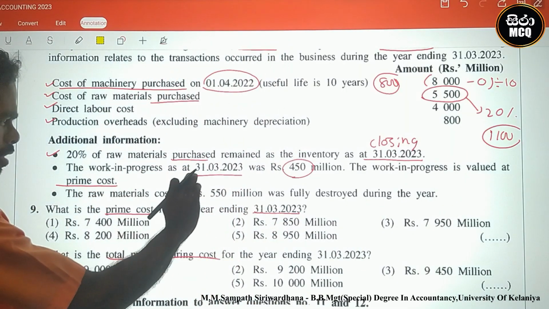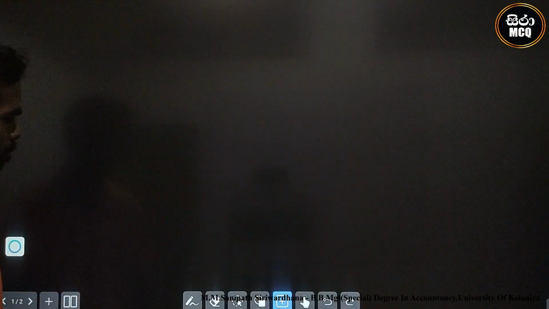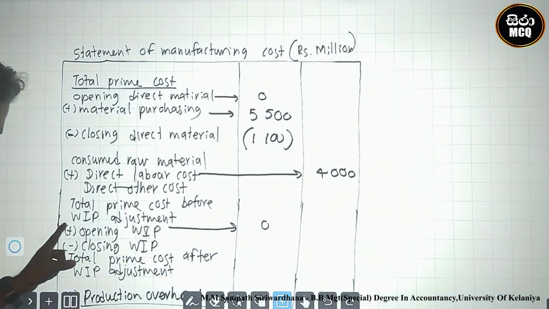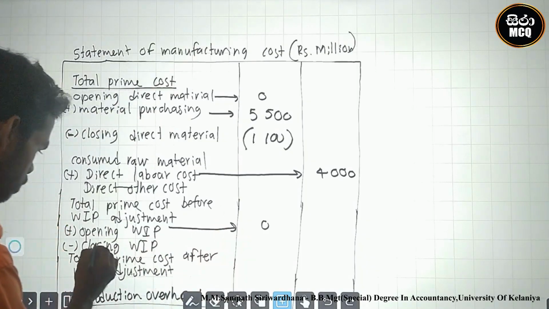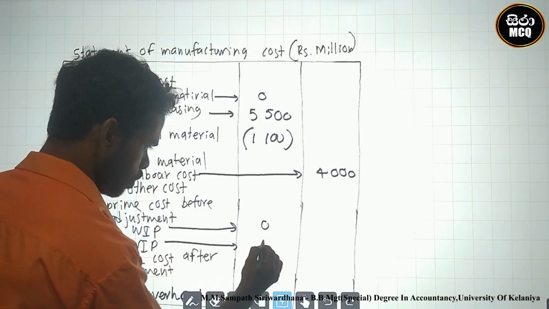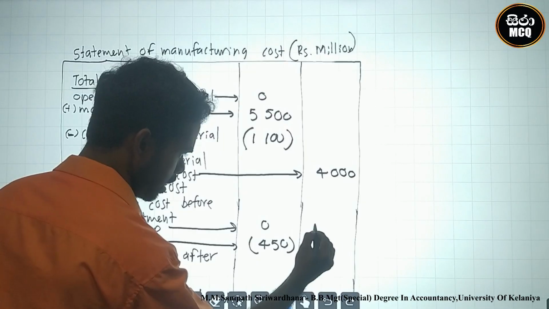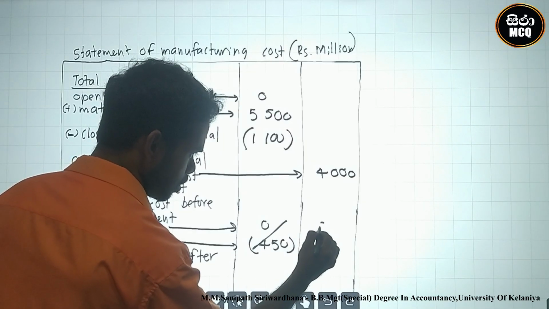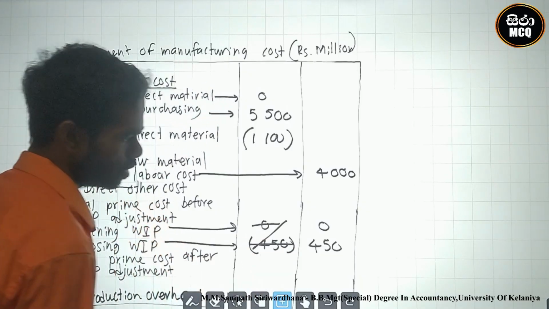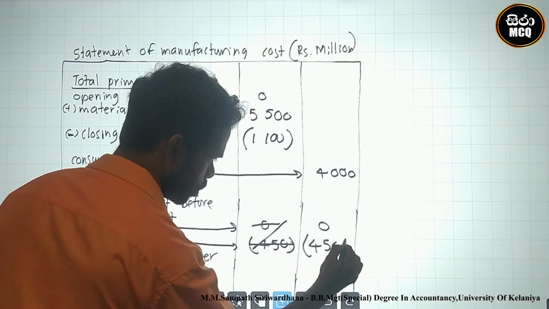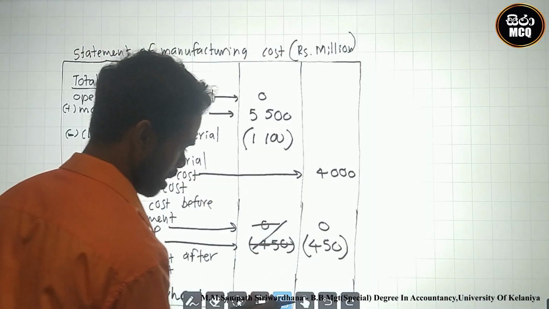We know opening work in progress is 0 and closing work in progress is 450. So 450 you must deduct. Closing work in progress you must deduct. Deduction. Okay, next one.